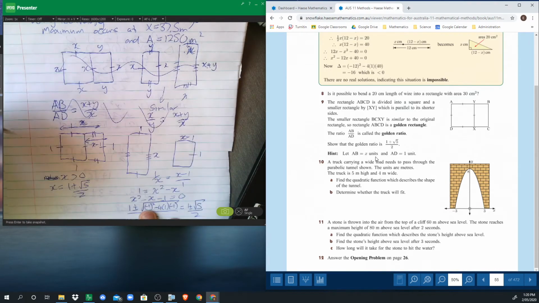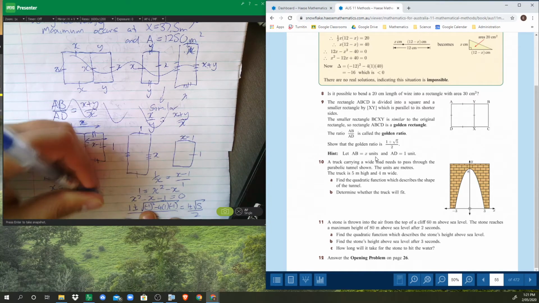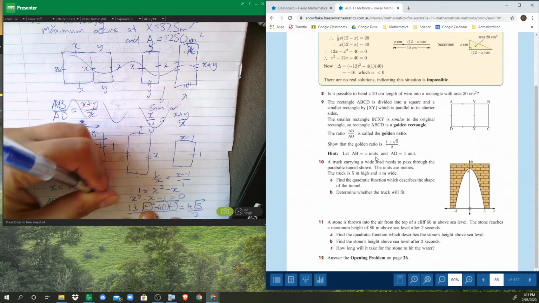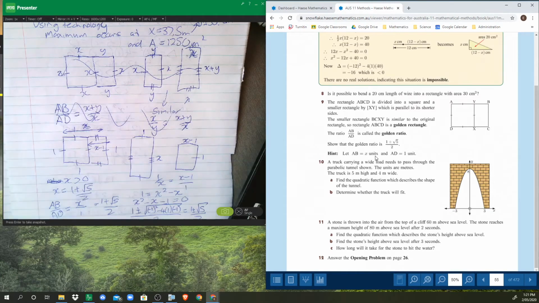I think that makes sense. And the ratio itself, AB over AD, is x divided by 1, which is the ratio as proven. There's your proof. That's question 9.